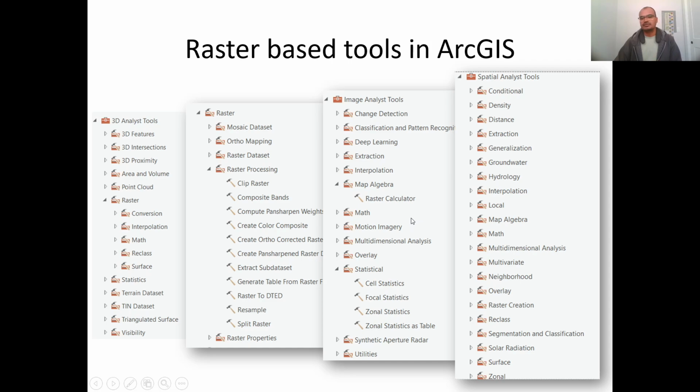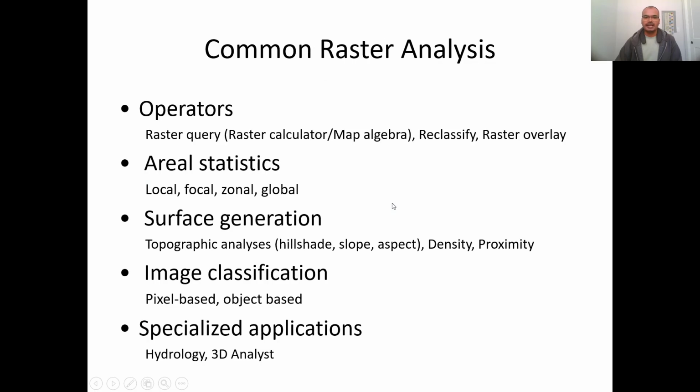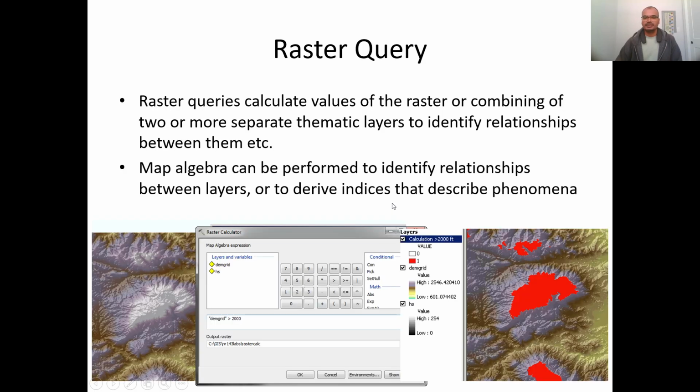You can find many raster-based tool sets. Among these, the raster calculator is a very powerful tool using which you can do many raster-based spatial analyses. These are some common raster-based analyses, and one by one we will discuss them briefly in this lecture.